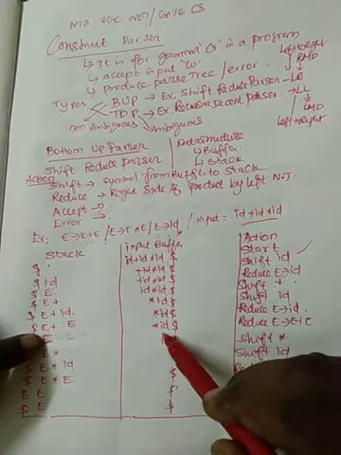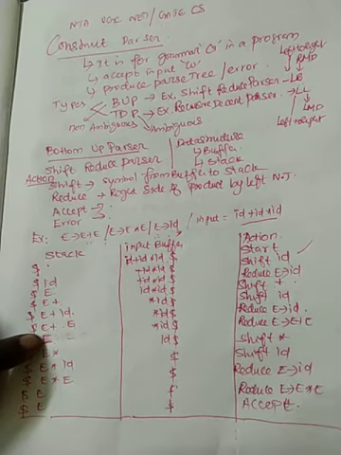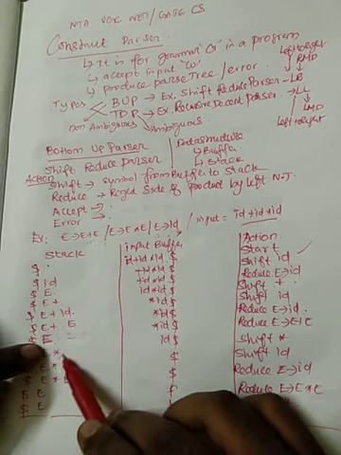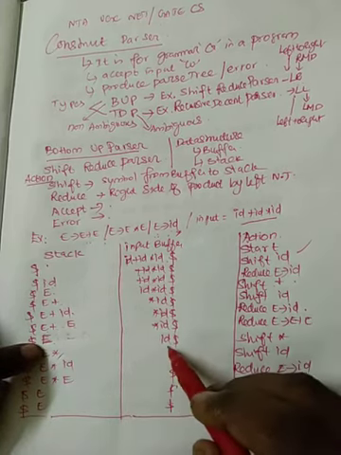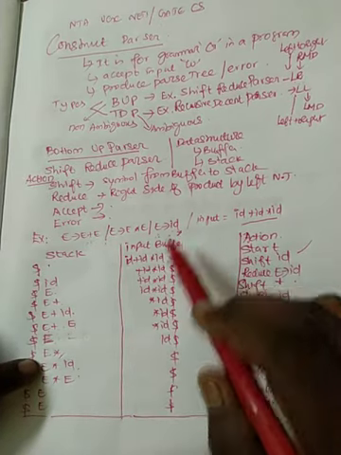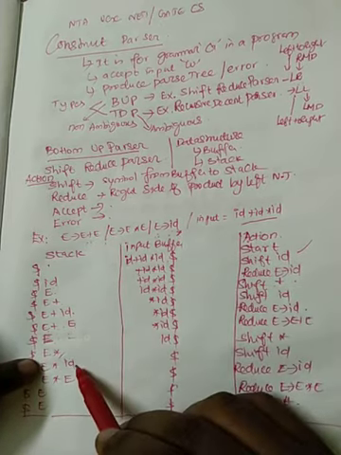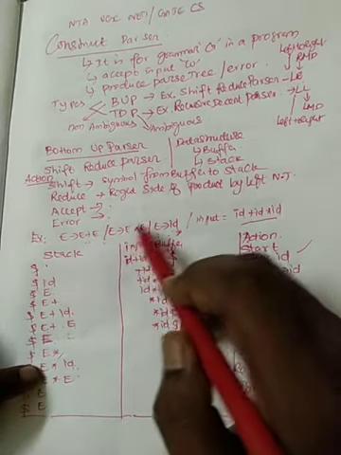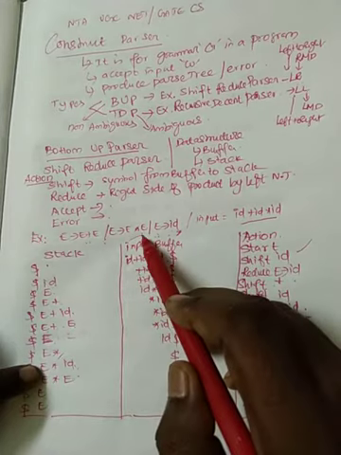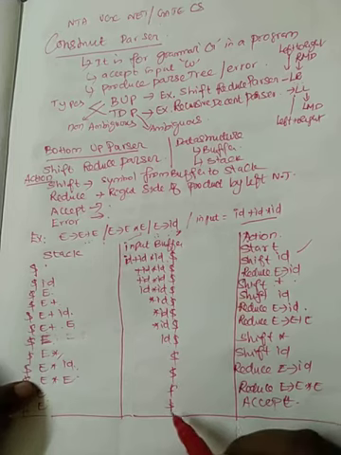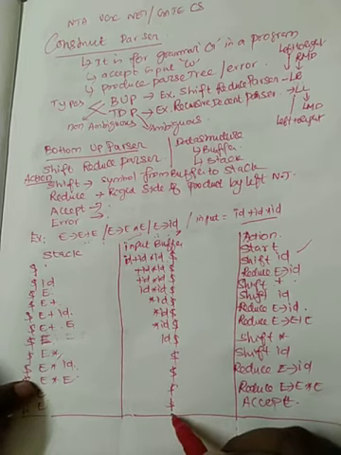After that, I shift the star, and I can't do anything with this star. Now again I shift id. For that I have the rule E tends to id, so I reduce id by E. So E star E, again we have one more rule, so I reduce this right hand side by the left hand symbol E. Finally there are no more input symbols, only the empty symbol.